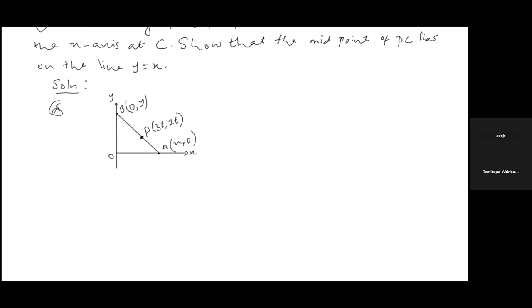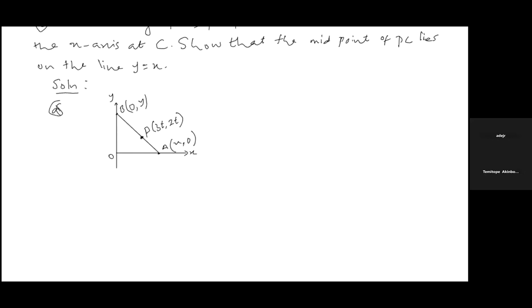So for me to answer the question and find the area of triangle AOB, I'm looking for the area of this right angle triangle. For me to do that, I need to know the value of x in A, and I need to know the value of y in B. Don't forget, the question says you should find the area of that triangle in terms of t.